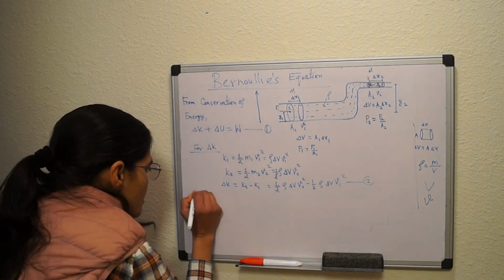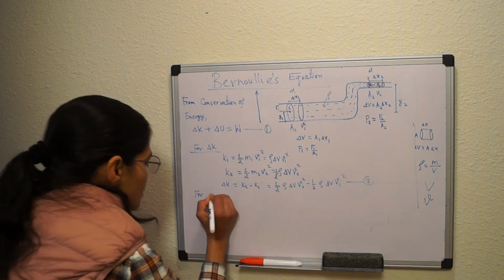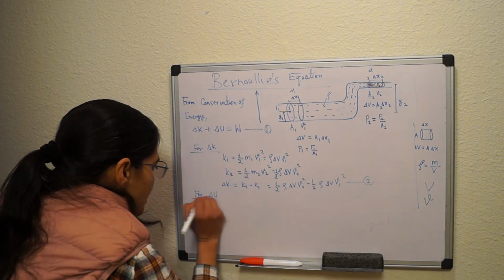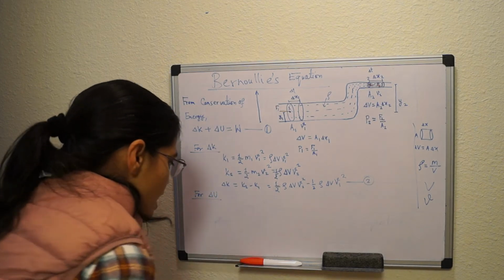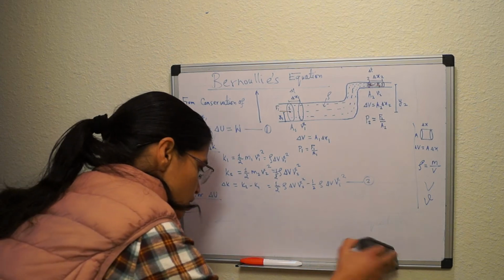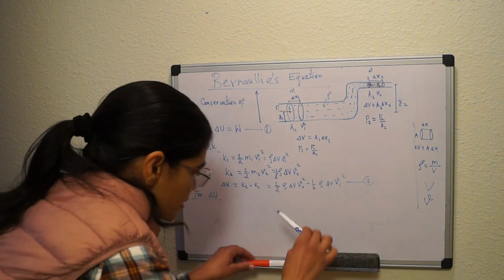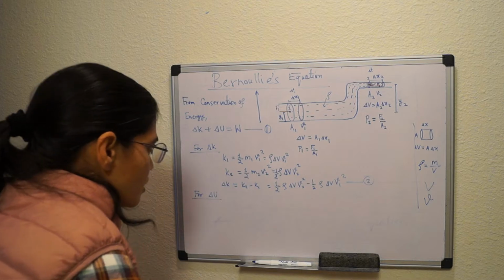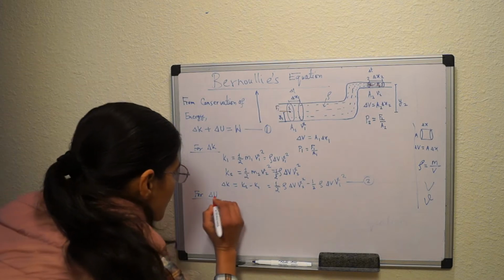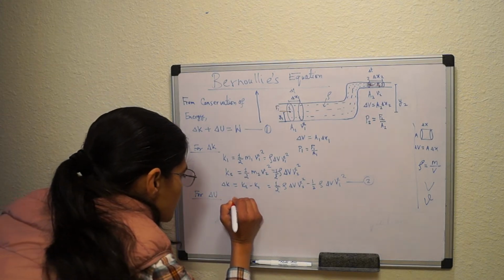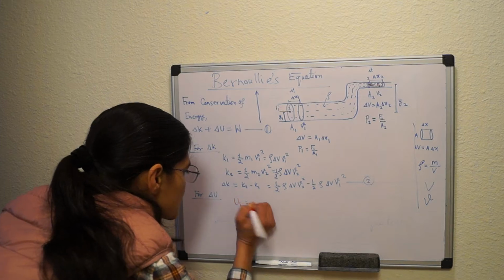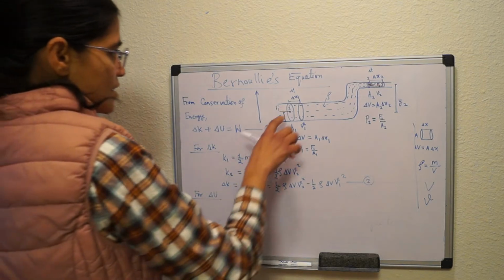Okay, now for the change in potential energy, delta U. I'm going to use the other color, guys, this is kind of fading away. Delta U equal to, so what is our U1? What is the potential energy at this point here?